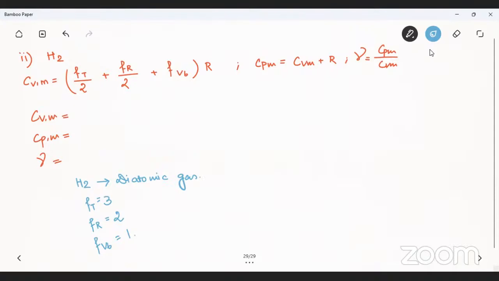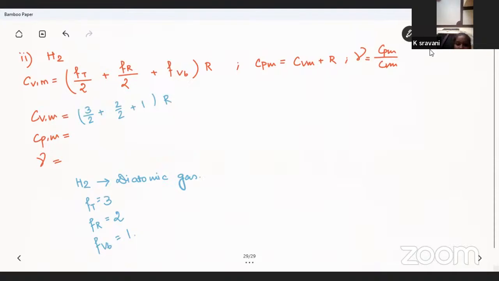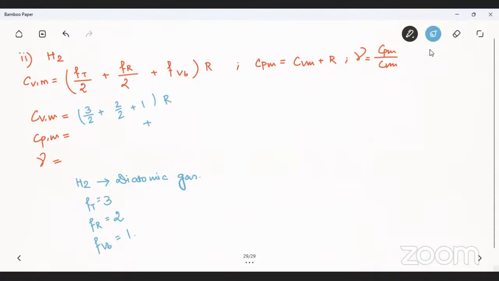Now use this formula for CVM. What is FT? 3 by 2 plus 2 by 2 plus 1. Calculate. CPM is whatever you are getting plus R, and this is the ratio. Simple. Is this part clear? It is, I guess, coming 7 by 2.